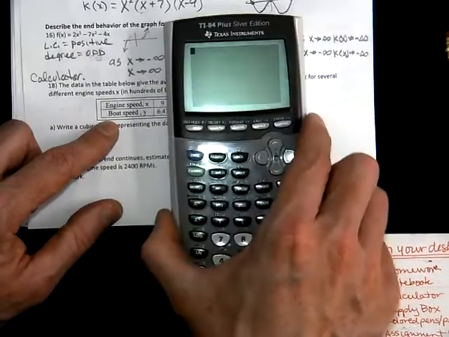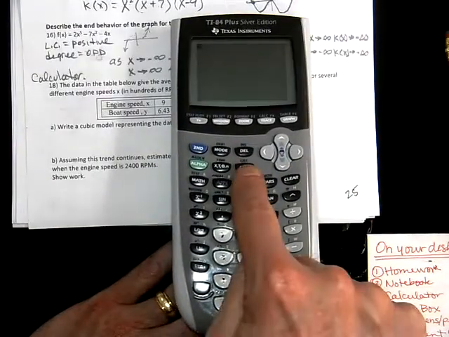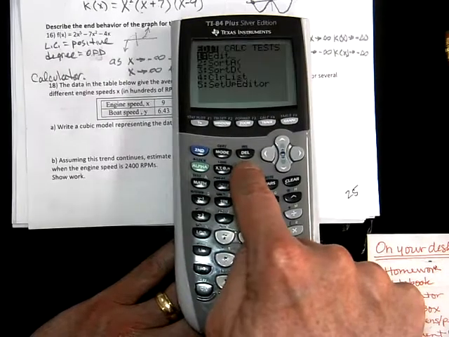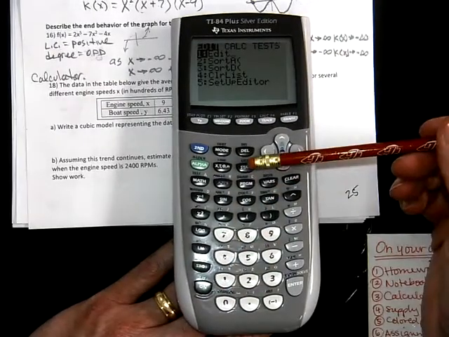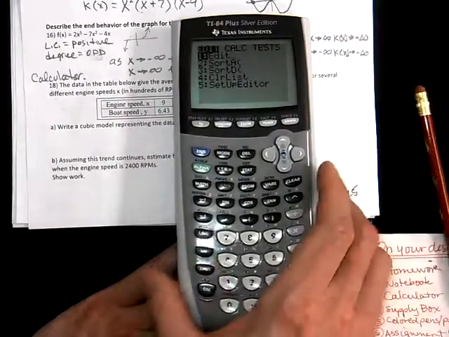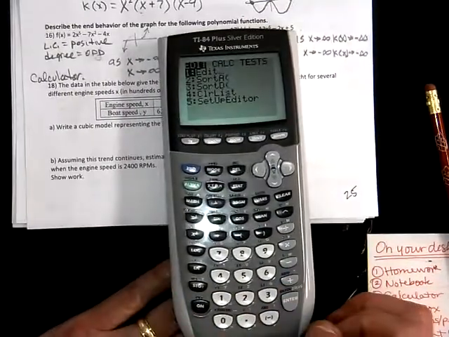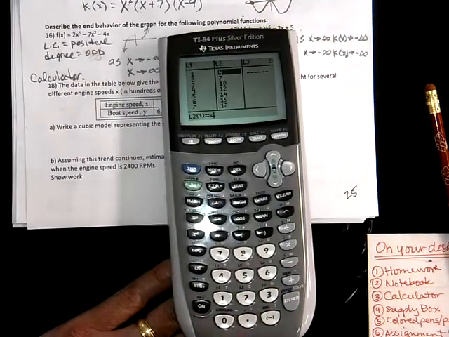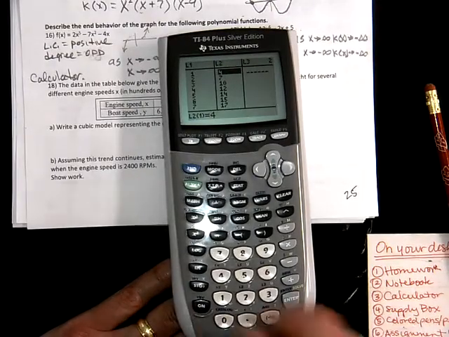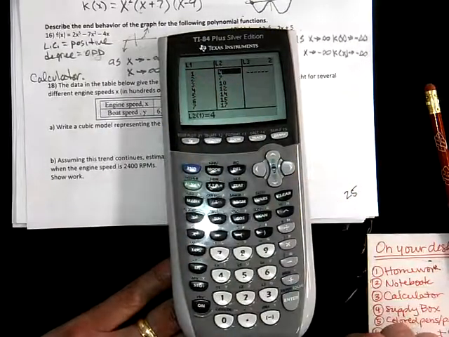So we're going to go to Stat, which is right here. That gives us a screen that looks like this. We go to Edit, so we can put in our information. And it looks like we have information in here already.